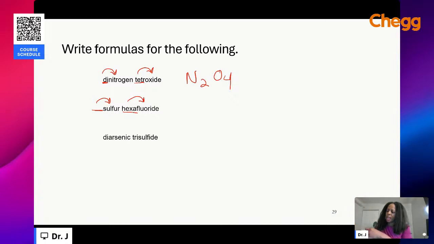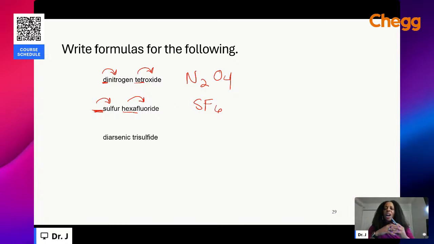Sulfur hexafluoride. Any guesses? In this case, we have no prefix, so that tells us that there is only one present. And I see SF6 coming through in the chat. Perfect. SF6, hexa telling us we have 6 fluorines.